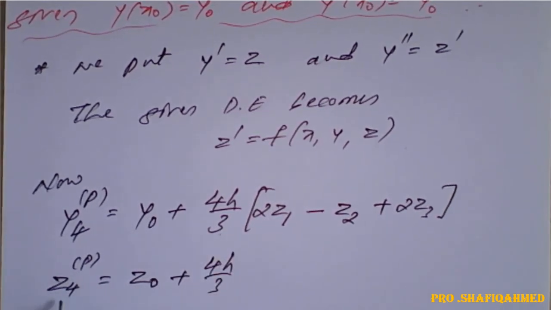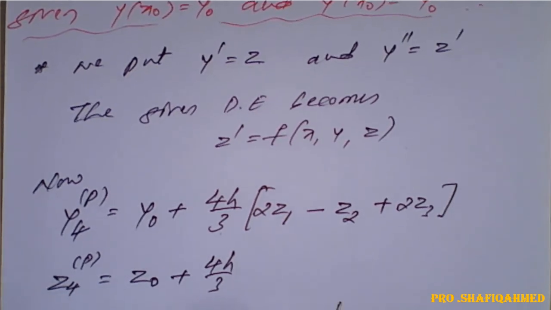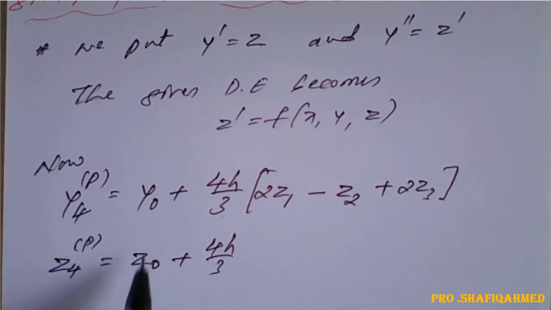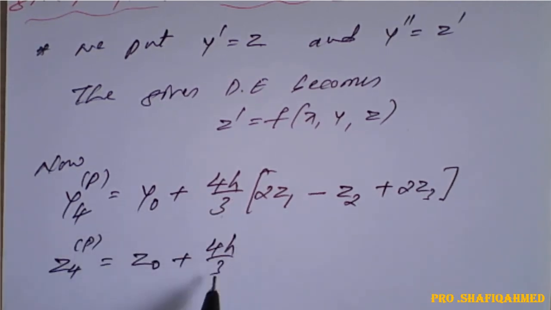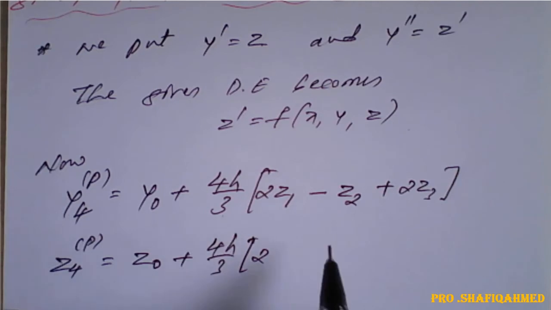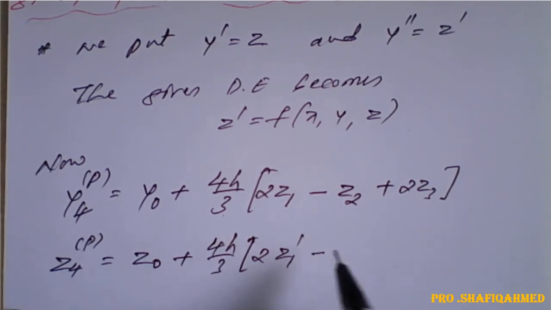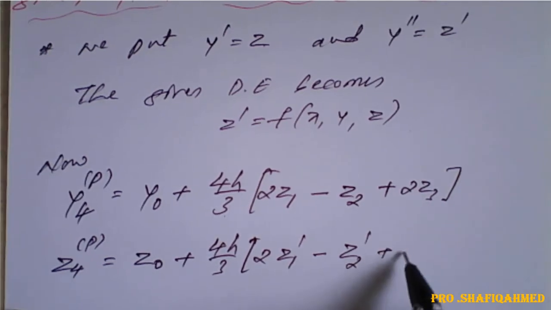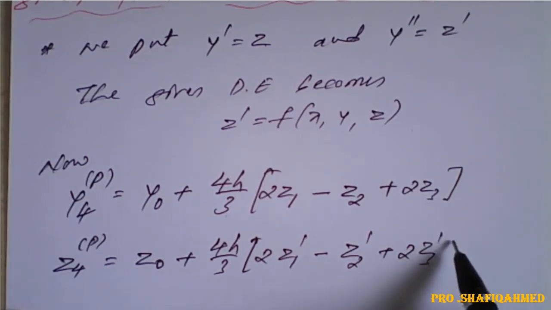So z4 of p is z naught plus 4h by 3 bracket, 2 as it is, instead of z1 we write z1 dash, minus z2 dash, plus 2 times z3 dash.